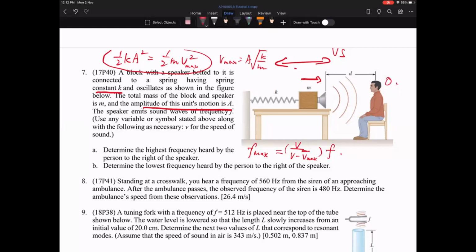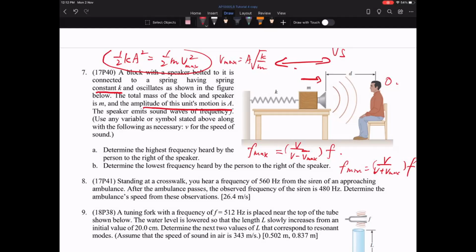And in part B, the lowest frequency is also determined in a similar way. Minimum, it would be v over v plus Vmax multiplied by f. So here you have to recognize several things in order to solve the problem. Firstly, you have to recognize that the loudspeaker and the spring form the spring mass system, and it performs simple harmonic motion.